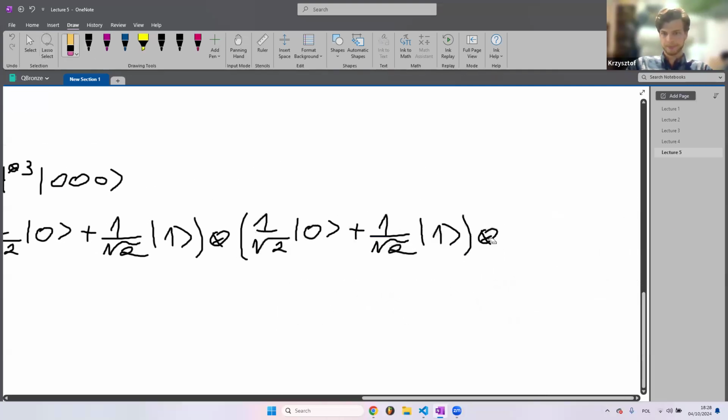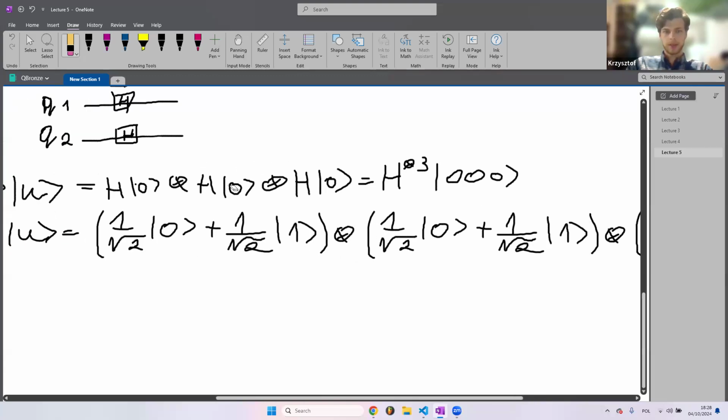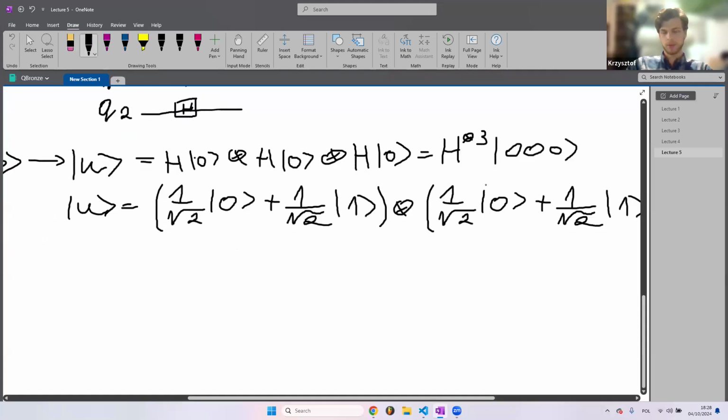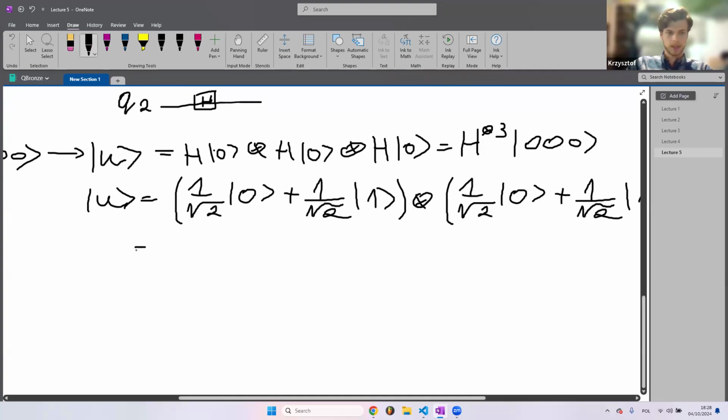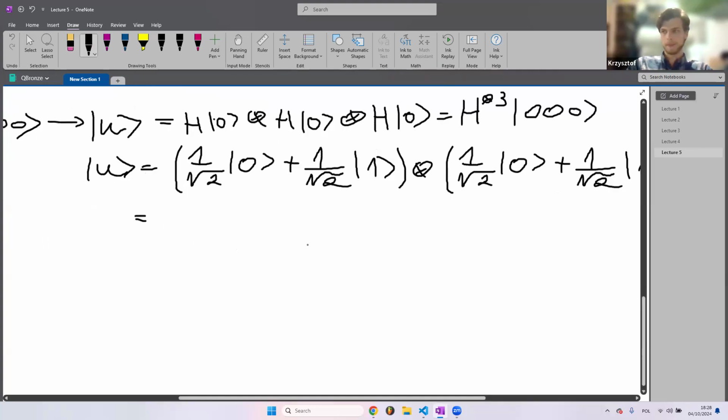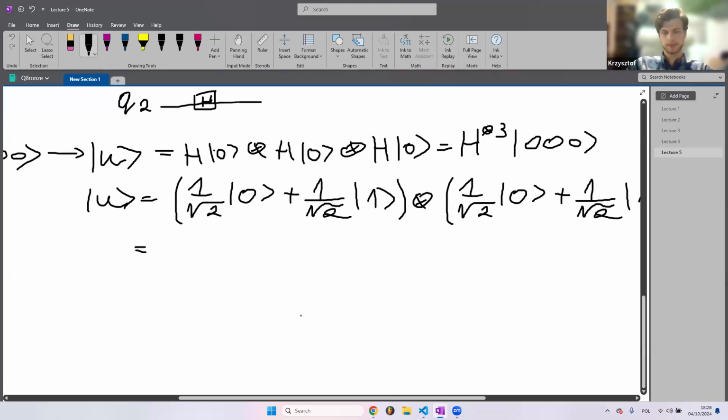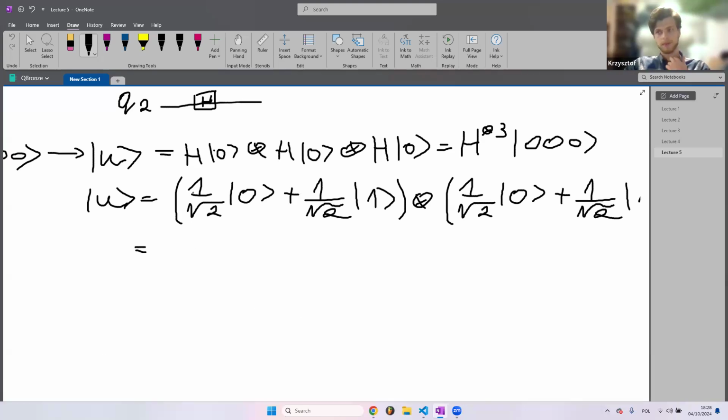Okay. Now we can expand those, multiply those tensor products and obtain a representation of the multiplied tensor products.